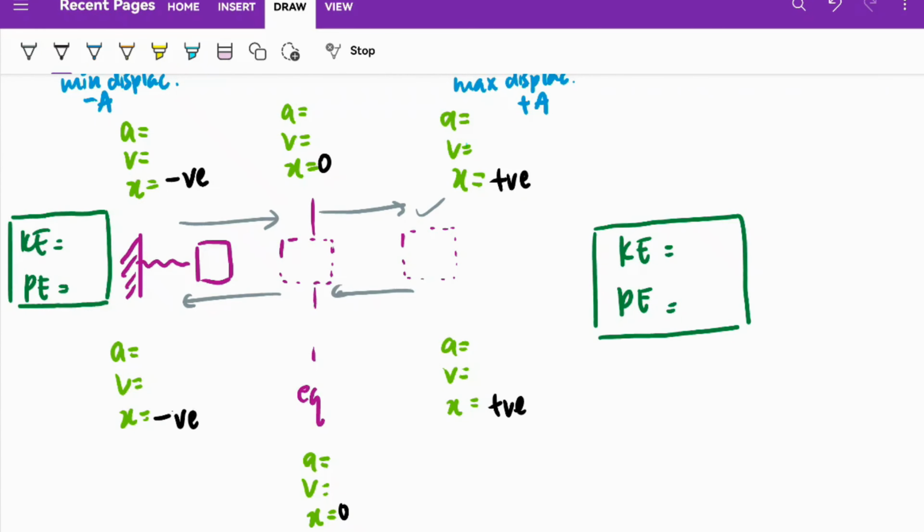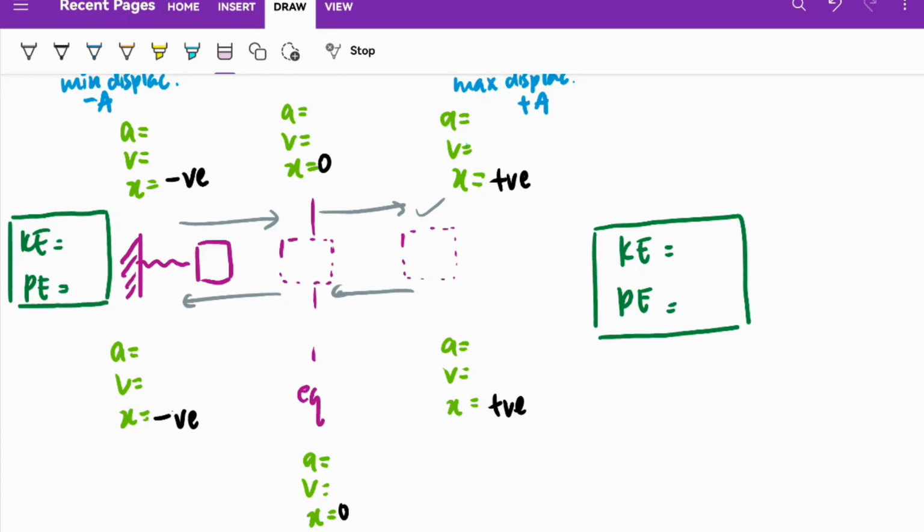But you can also set your left-hand side to be positive and your right-hand side to be negative, as long as you're consistent with your sign. So anything to the right-hand side of the equilibrium is positive displacement. Anything to the left-hand side gives you a negative displacement. Okay, we are done with displacement.